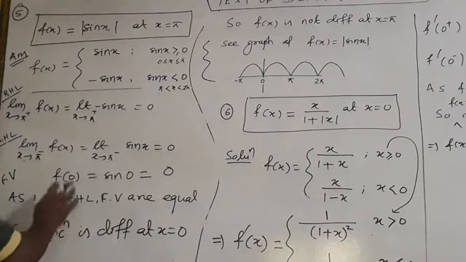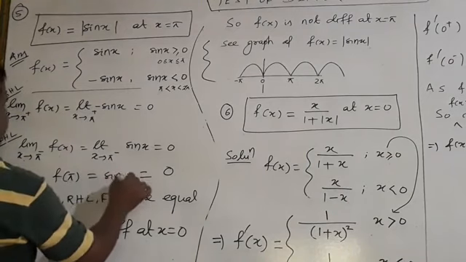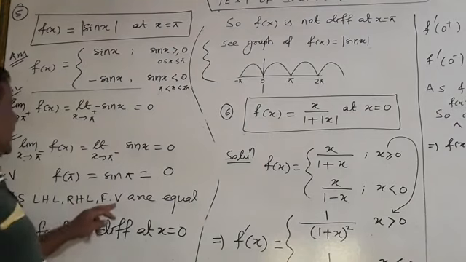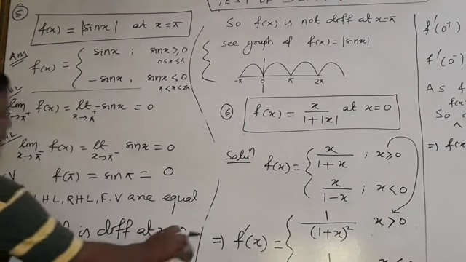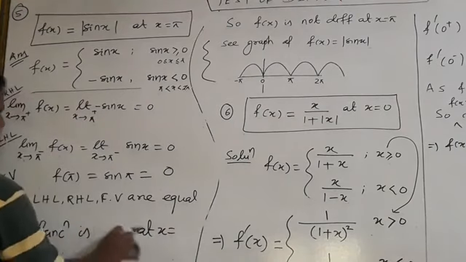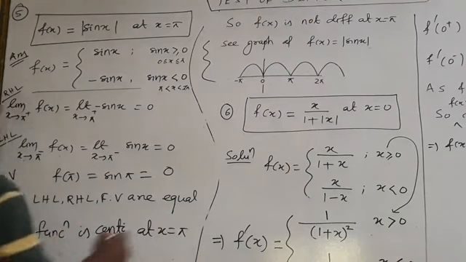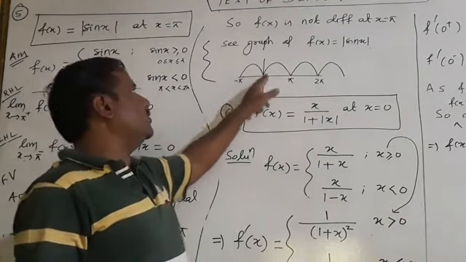Now for the functional value f(pi), we know sin pi is 0. Since the left hand limit, right hand limit and functional value are equal, the function is continuous at x is equal to pi. And you can observe from this figure also, this is a continuous figure.